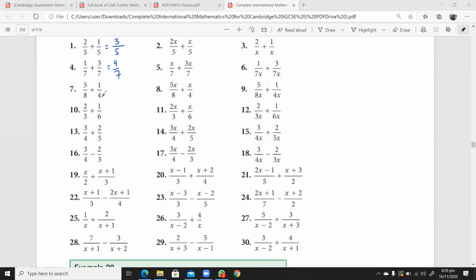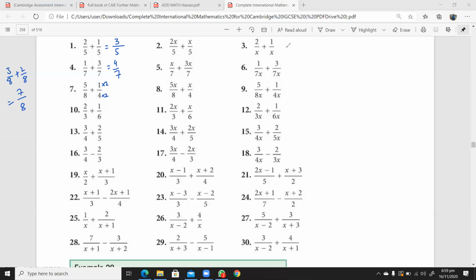I'll be multiplying this by 2 and this by 2. So now I have 5/8 and 2/8 being added. So this is 5 over 8 plus 2 over 8, which gives me 7/8.